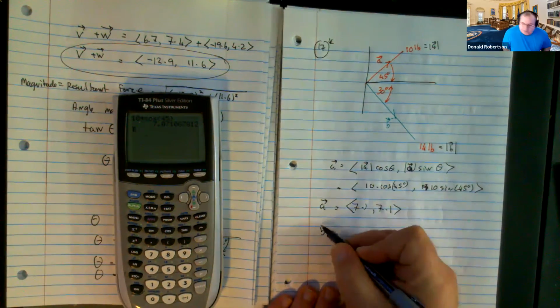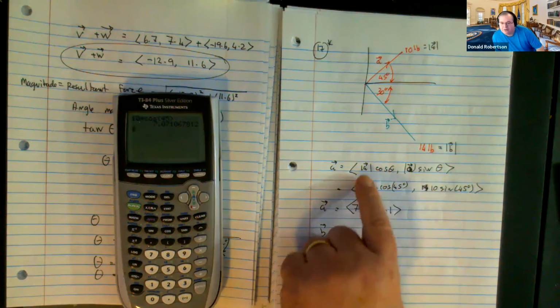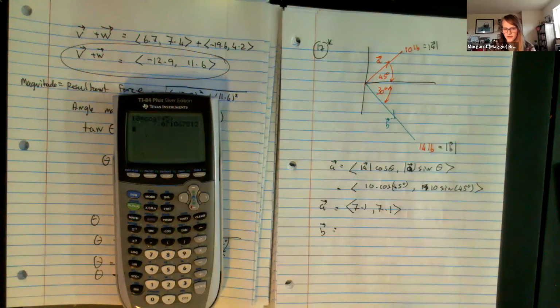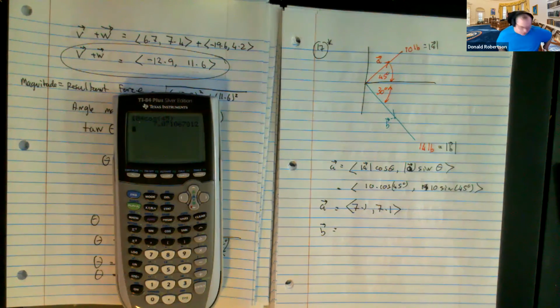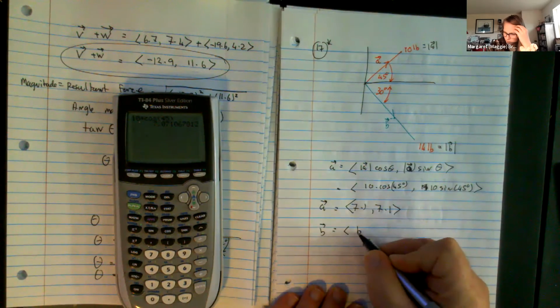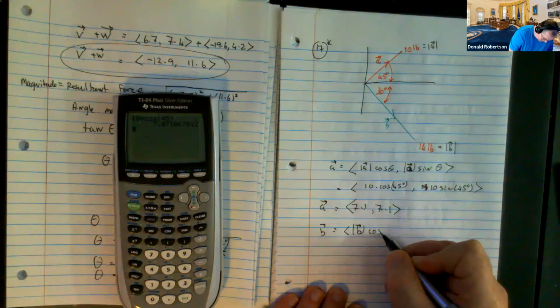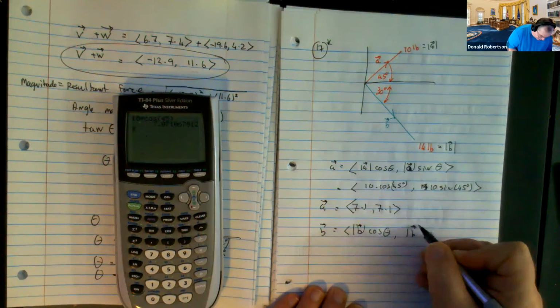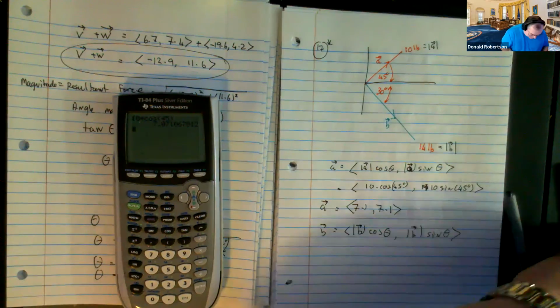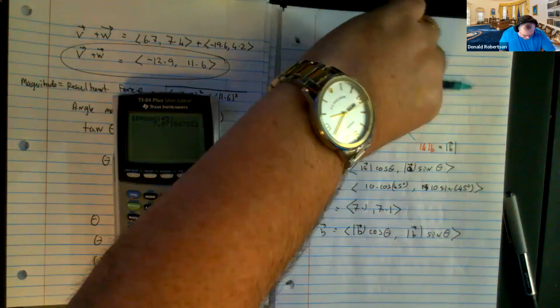So far, so good. Right, let's do B then. On the drawing, is that the 30? Would it be negative? The 30 degrees is not negative, is that going to affect the outcome? It is. Let's see how it's going to affect it. It's going to be the magnitude of B, cosine of the angle, the magnitude of B, sine of the angle. And just like the other one, aren't angles measured from the positive x-axis going anti-clockwise?